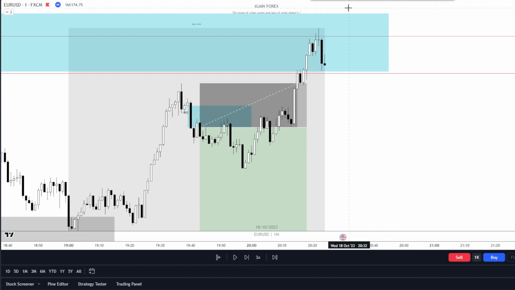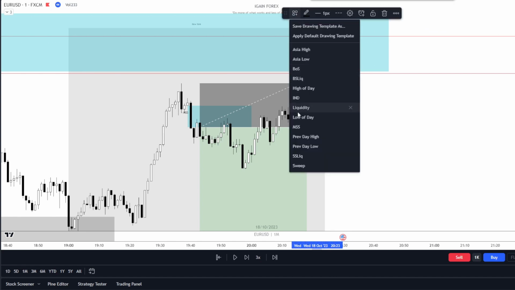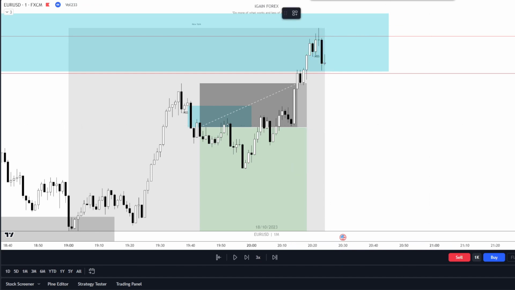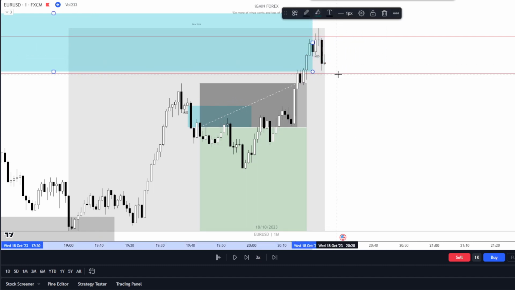There we go, guys. So as we can see here, we have this market structure shift again, because this is the low, high, low, then high, and then low, then high, and then we have a break in this current low. Okay, so there we have this market structure shift. And we also have this above 50% and in this fair value gap area.